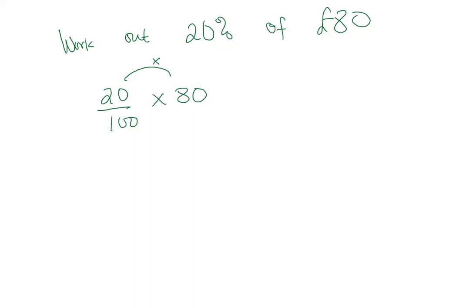In case you don't know how to do this long multiplication, or just to make it a lot easier for you, you multiply the top by the top, bottom by bottom. 2 times 8 is 16. Then you add the zeros to it. You now divide that by 100. That gives you 16. That's it.